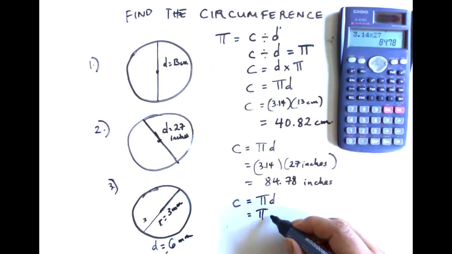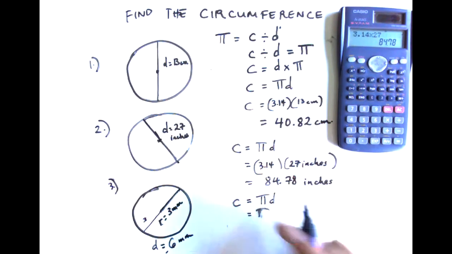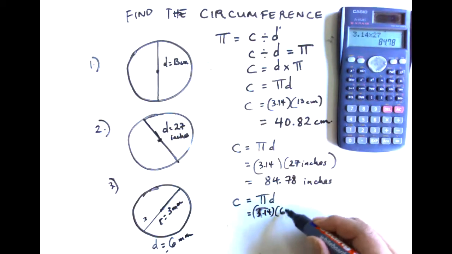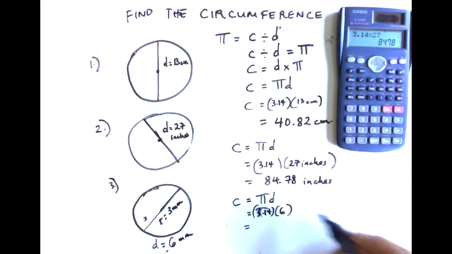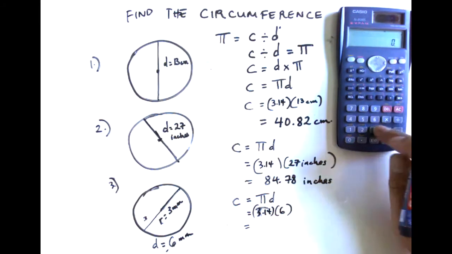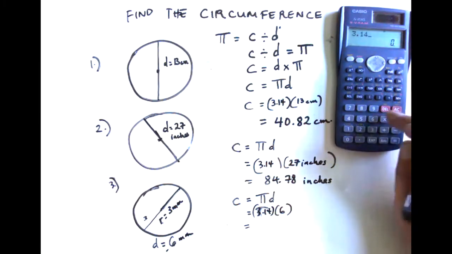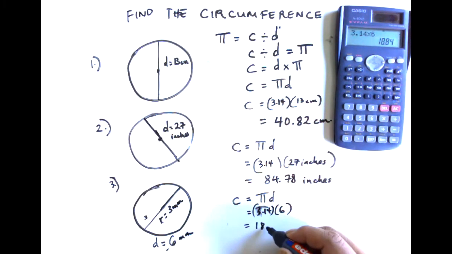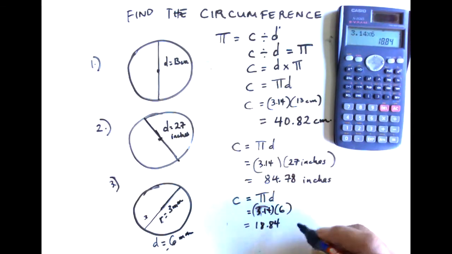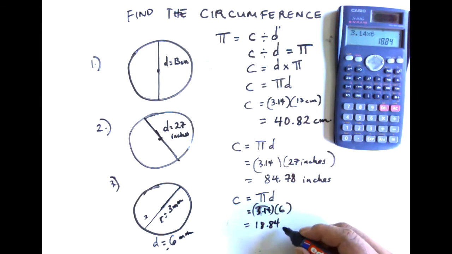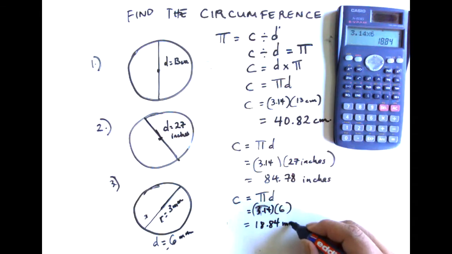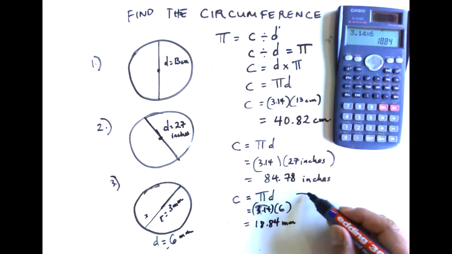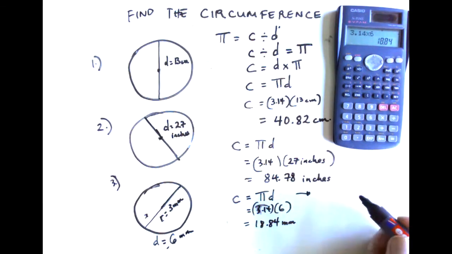Pi times, well, let's just do the value. 3.14 times 6 mm will be 18.84 millimeter. You see, that's one way of doing it. The other way of doing this is to use the radius.